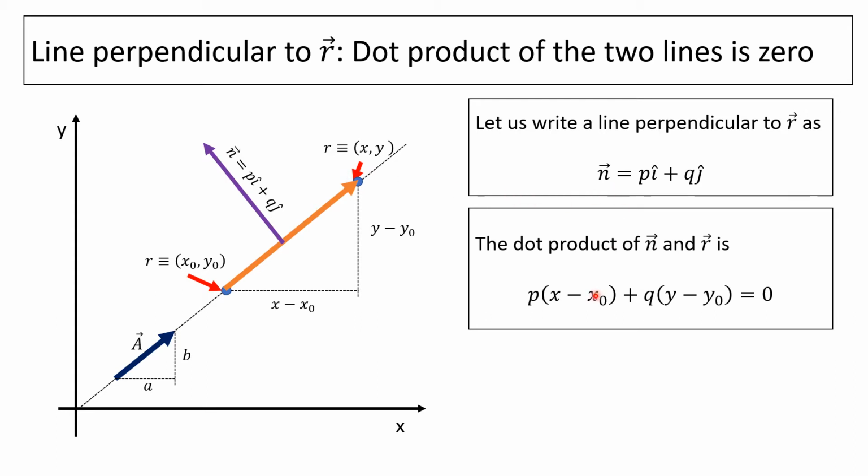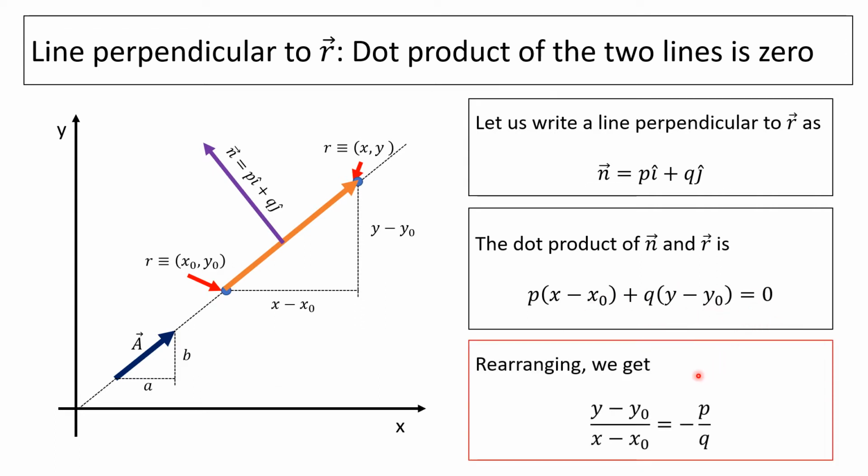That leads us to this equation, p times x minus x naught plus q times y minus y naught. When you write the dot product, you can easily see how you get this expression. Now we just need to rearrange the equation so that you have y minus y naught over x minus x naught equals minus p over q. So p is the i component and q is the j component in the vector n. Basically we just use this equation to find the vector n.